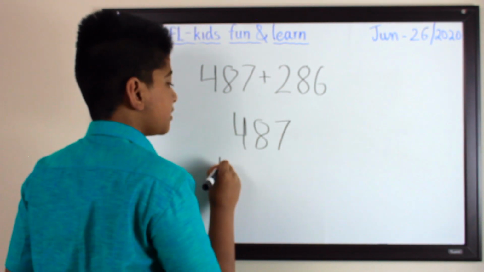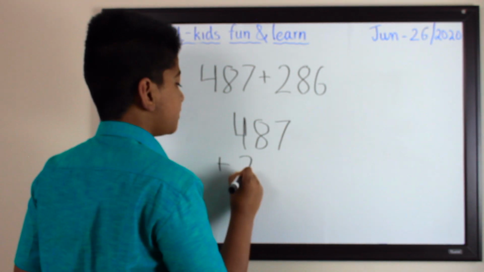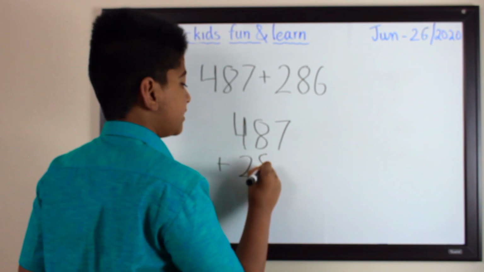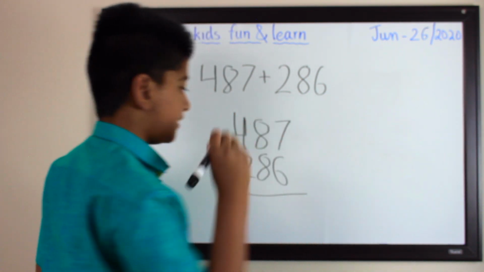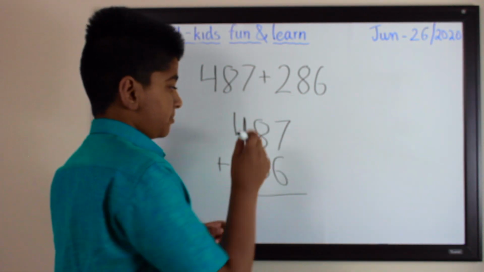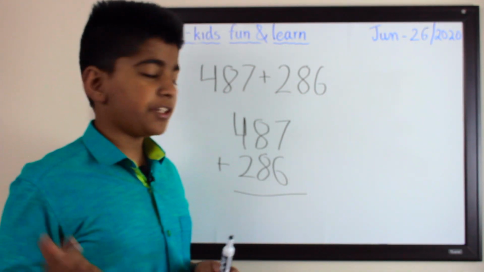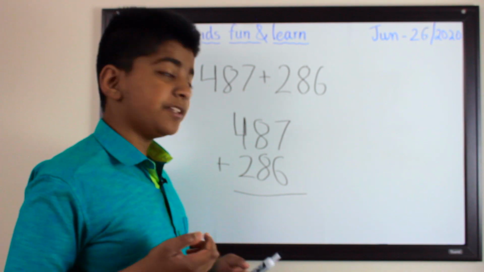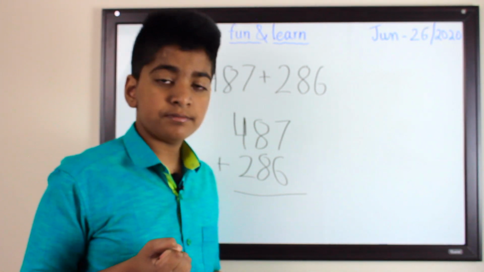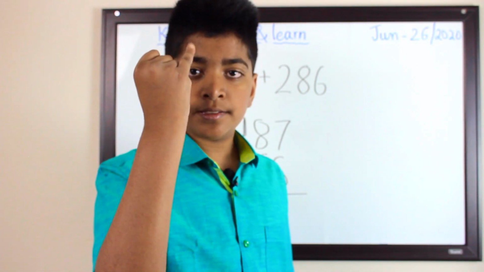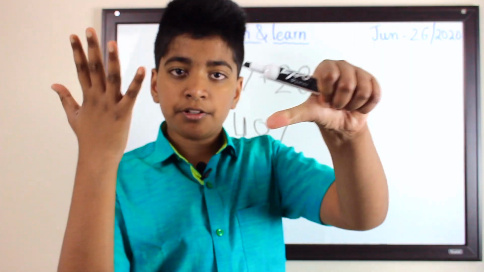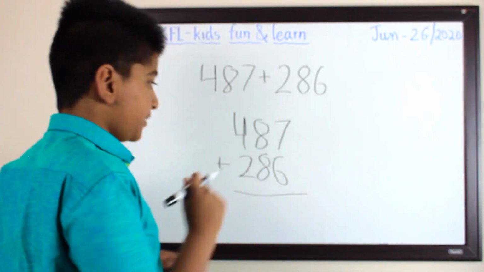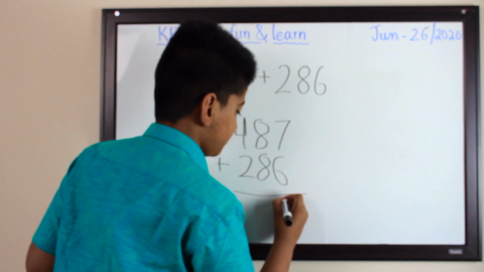Line underneath, and let's add. What's 7 plus 6? Well, we can use our fingers. Let's start at 7 and add 6 more. Okay? 7, 8, 9, 10, 11, 12, 13. Added 6 more. So 7 plus 6 is 13.